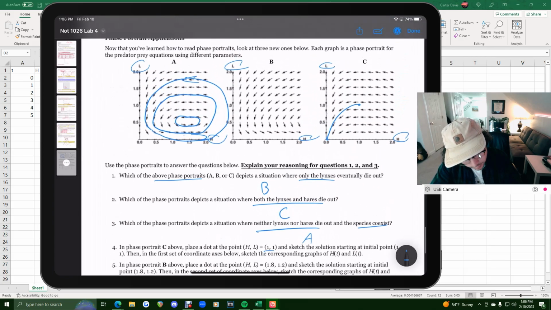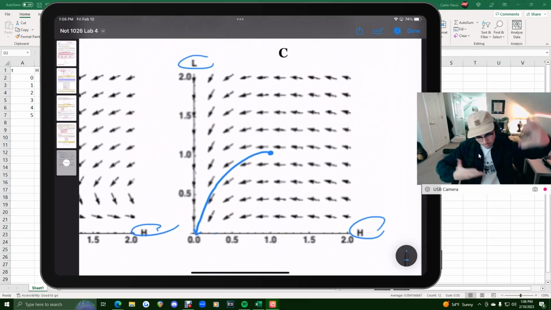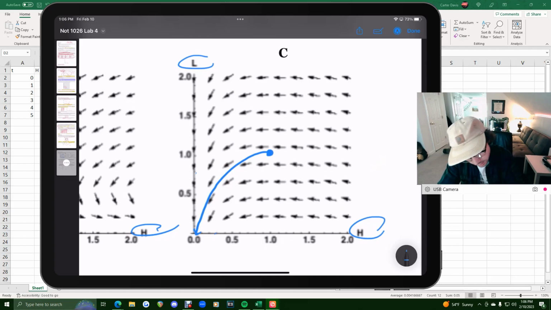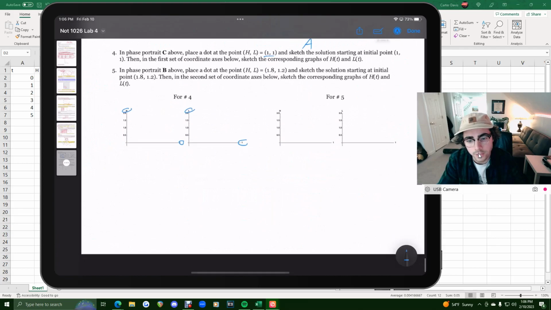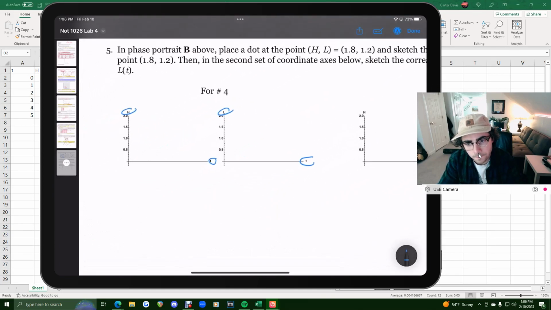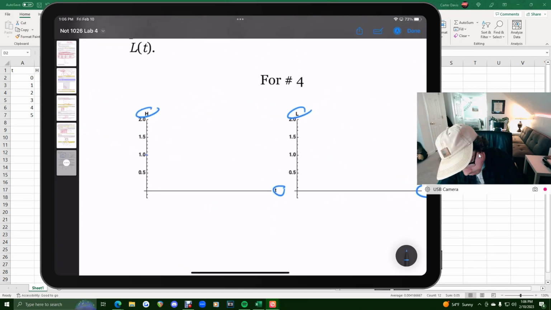So it's the same practice where, starting at this point, what's the initial H value? The H value is 1, and then how does the H value change over time? Well, we follow it. H is getting less and less until it dies out. The hares die out all the way to 0. So the H values start at 1, and over time they're dying out pretty consistently.